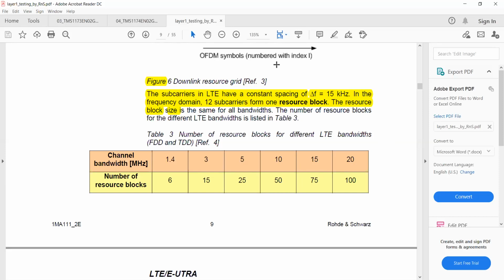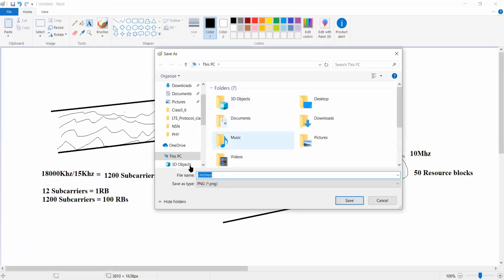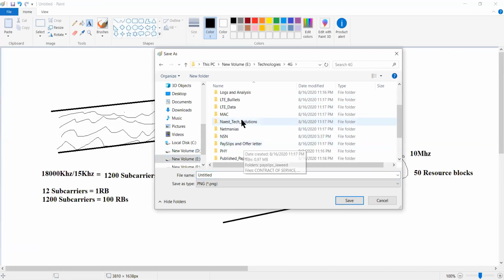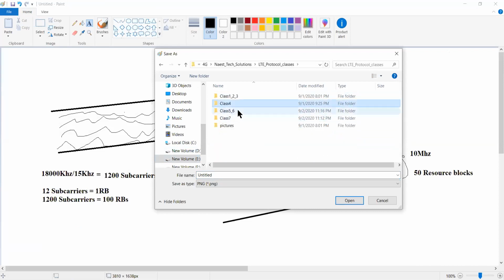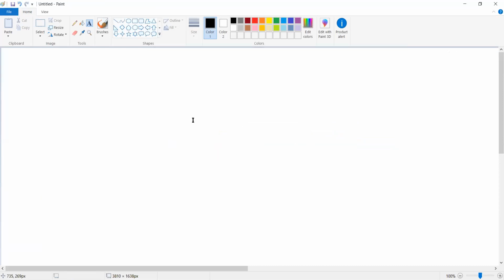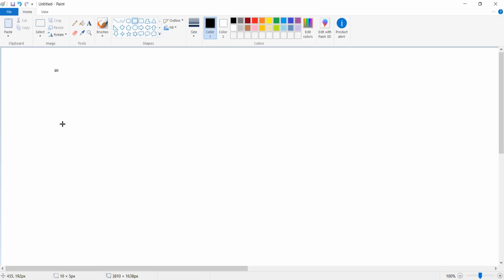We will discuss now our LTE frame structure. In LTE, if you consider the FDD frame structure, before that we should know how the frames are transferred.